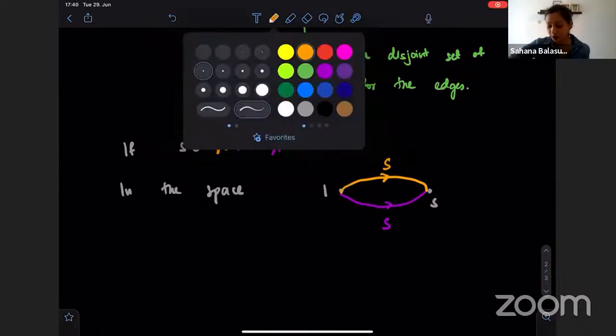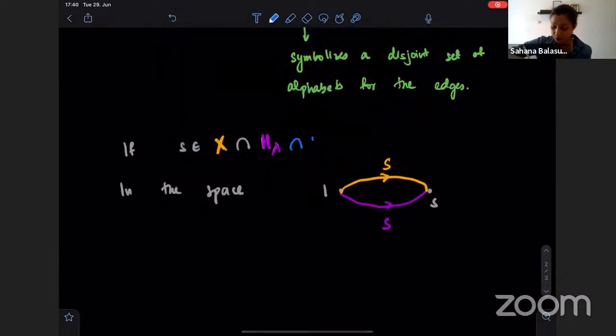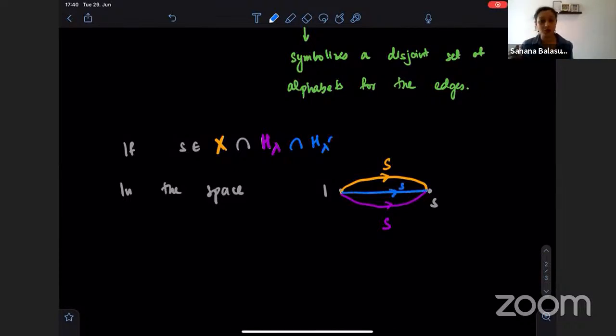And similarly, if I had a third H lambda prime to which this S belongs, I would similarly have this third edge, which comes with its blue coloring to denote the inclusion into H lambda prime, which also gives me one more edge here between 1 and S. So this is not quite the Cayley graph as we're used to thinking about it, but it's very close to being that Cayley graph.